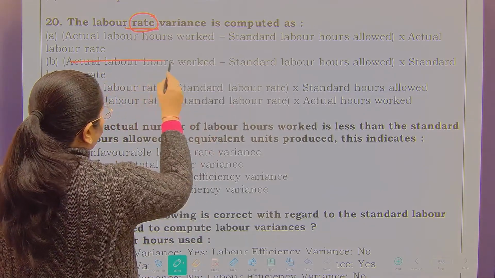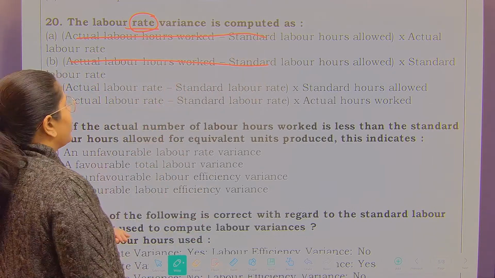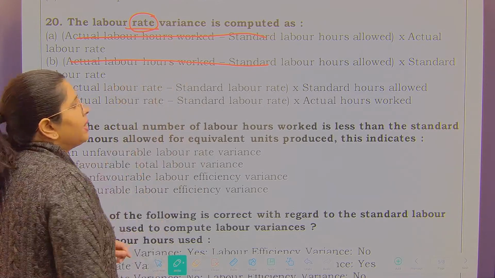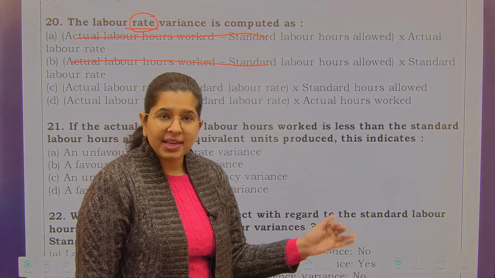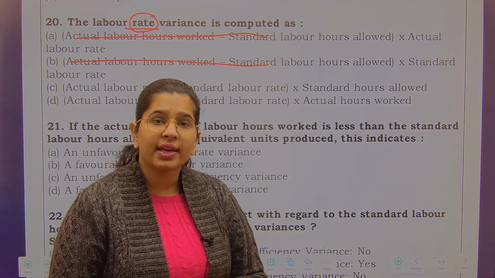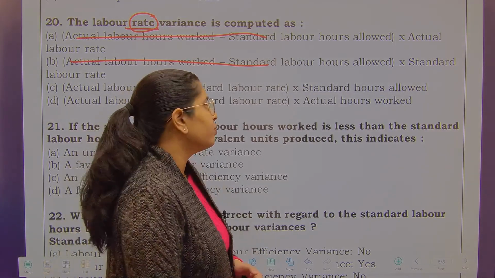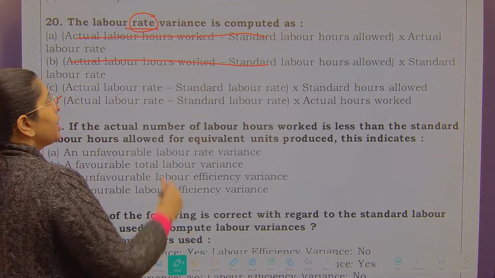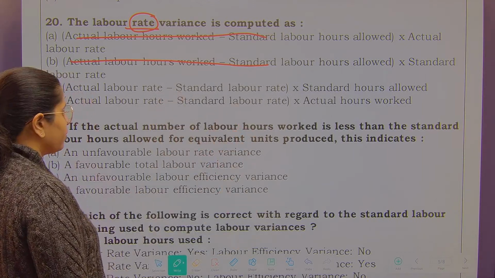So these are computing the variance on the hours worked. We do not want it. So actual rate less standard rate, correct. Multiplied by standard hours or actual hours? Actual. So material price variance, labor rate variance, they always compute on the actual hours worked. So this is the correct option. Actual rate less standard rate multiplied by the actual hours worked.